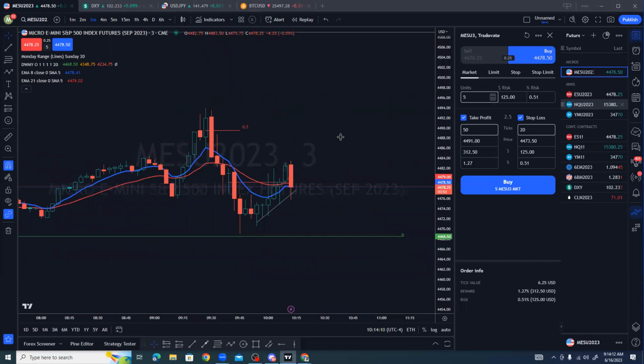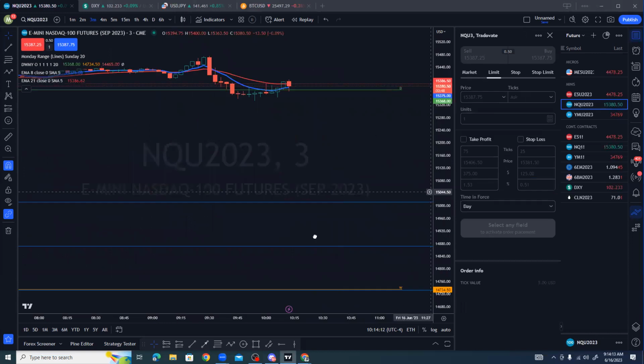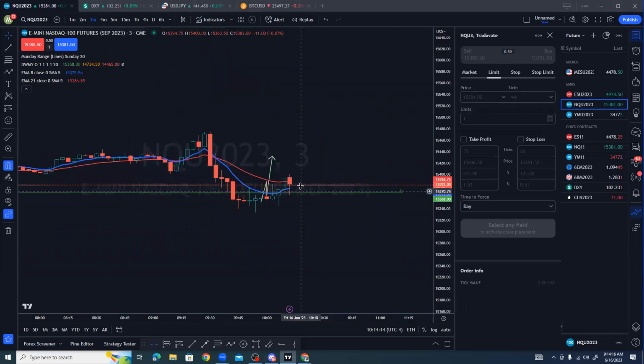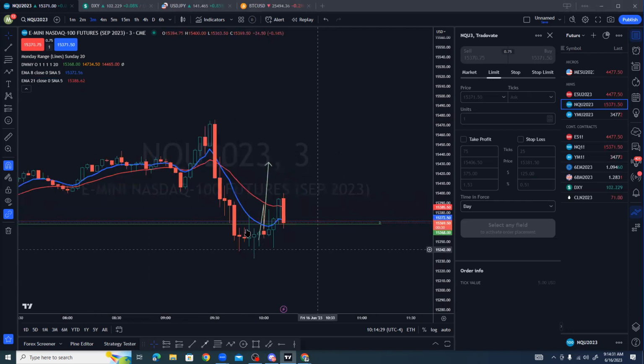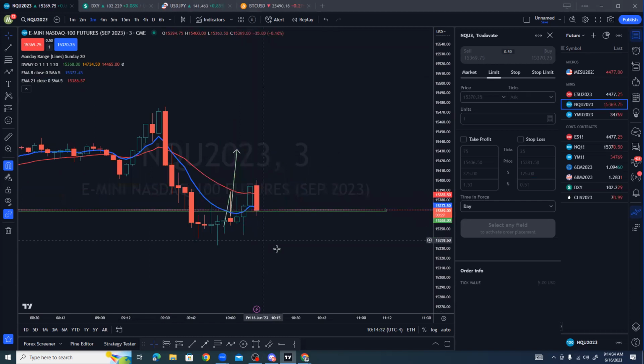What's the NQ doing? Basically the same thing. It's allowing for an entry right here on the NQ. I really like the NQ a lot more than I like the ES. Like I'm buying right here with a stop down here in the 50s, a 20-point stop. I just don't trade the ES enough to really get involved.